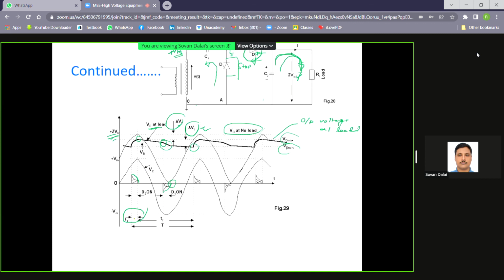So due to that reason there is a slight deviation of the slope when the diode D1 starts conduction.